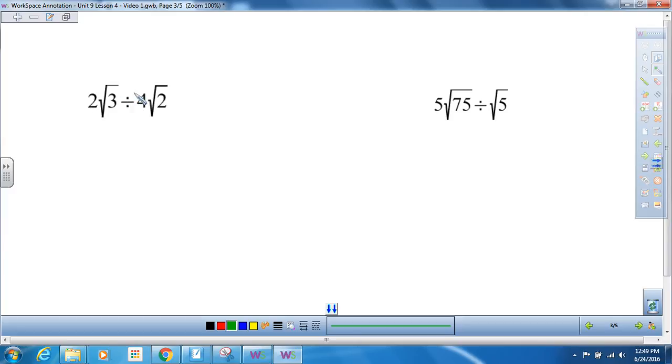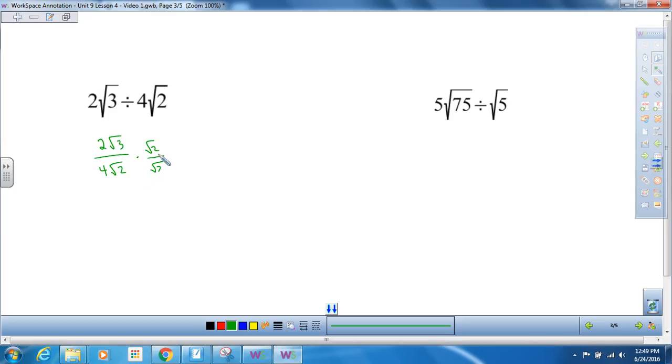Alright, so I'm doing 2 radical 3 divided by 4 radical 2. So let me write that as a fraction. I want to get rid of the square root of 2 part, so that is what I'm going to multiply top and bottom by. The 4, since you're just multiplying it with square root of 2, you don't have to do anything with that. That can stay in the bottom.